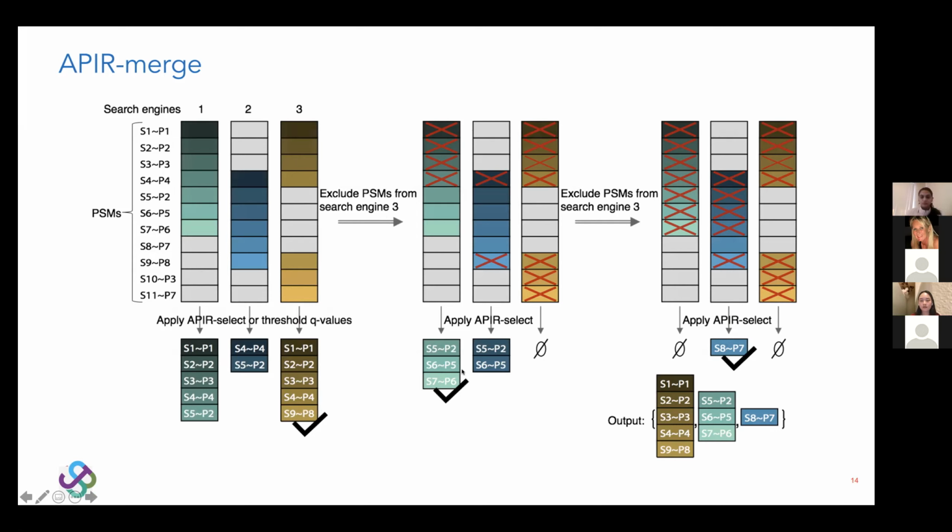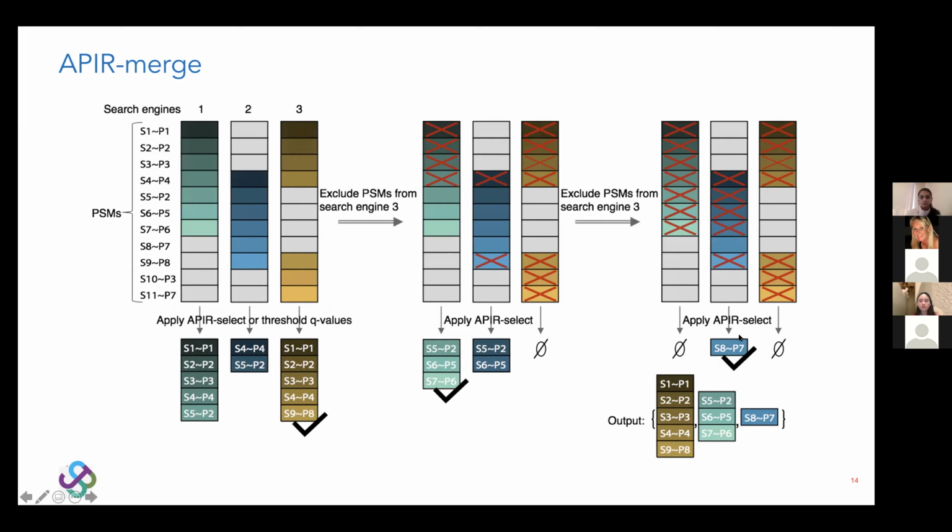Let's say in this step, we have identified this many PSMs from search engine 1 and search engine 2. And again, we will pick search engine 1 because we have more unique peptides here. And finally, we will exclude PSMs from search engine 1. Sorry, here it should be 1. And then we will apply APIR-select again, and we'll get this peptide.